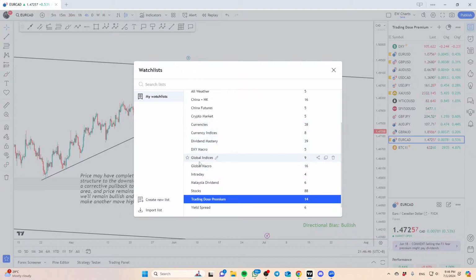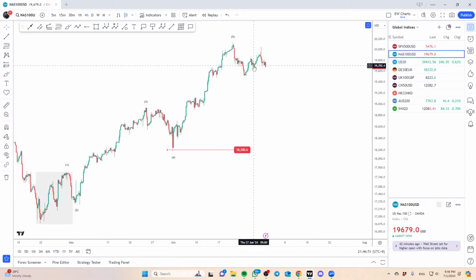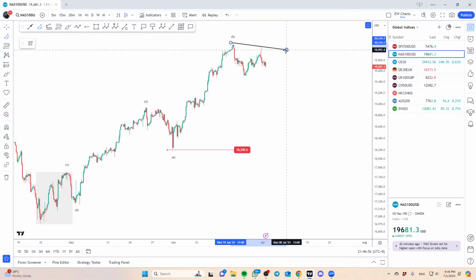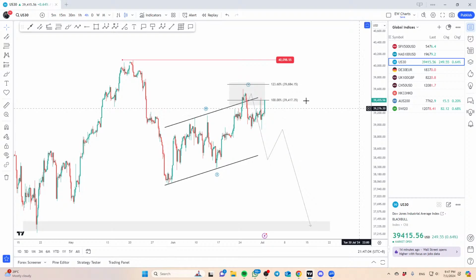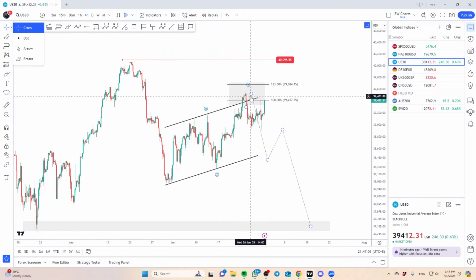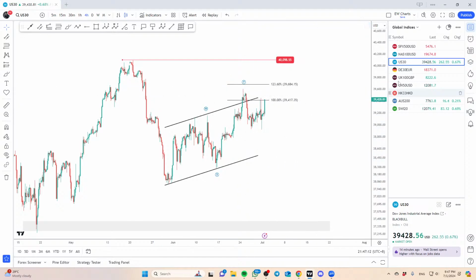If you look at some of the global indices, S&P, I kind of talked about it. Nasdaq, kind of similar in a way that we are likely looking at a pullback here. Okay, so just be a little bit patient, similar to S&P potentially doing the pullback. Nasdaq is not really going in alignment with the S&P 500. Okay, slightly different structure over here, but I think overall we may still have more of a bearish perspective.